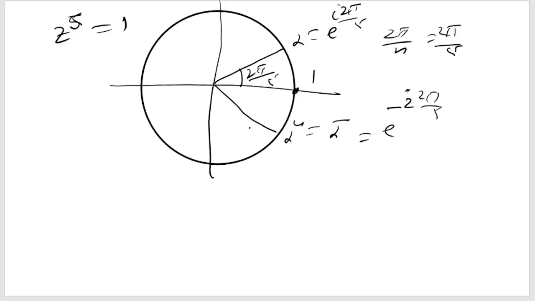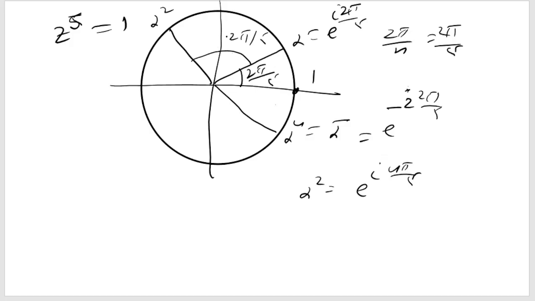Okay, so we got 3 roots. We need 2 more roots. After 2 pi by 5, the other root will be here. The difference between the arguments is 2 pi by 5. So that is alpha square. Alpha square will be e to the power i times argument 2 pi by 5 plus 2 pi by 5, that is 4 pi by 5.